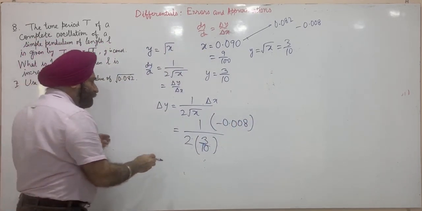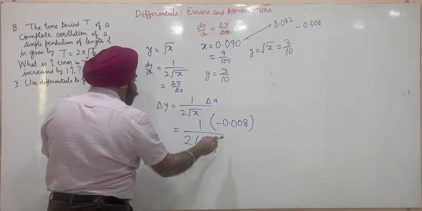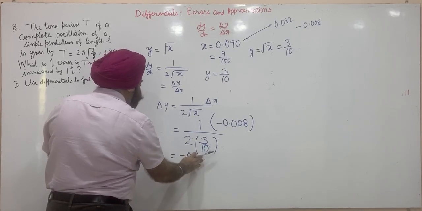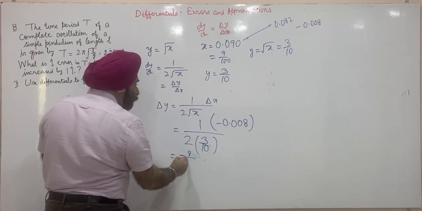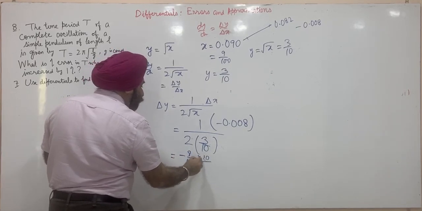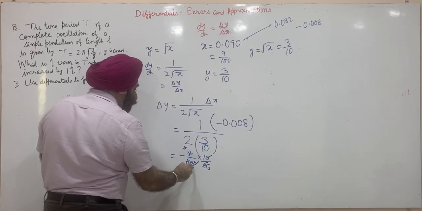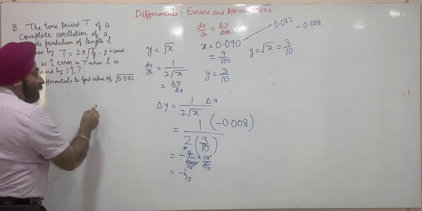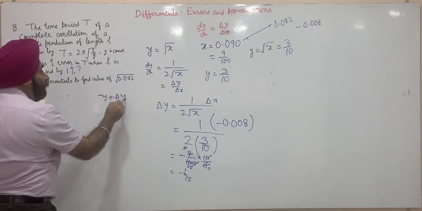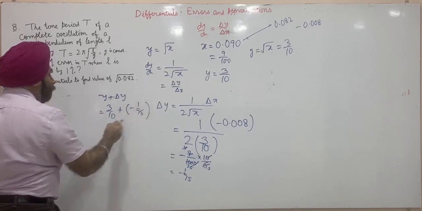This is delta y. Let's simplify. This is minus 0.008 upon 6, which simplifies to minus 4 upon 3 into 25 hundredths. So y plus delta y is 3 by 10 plus this value.